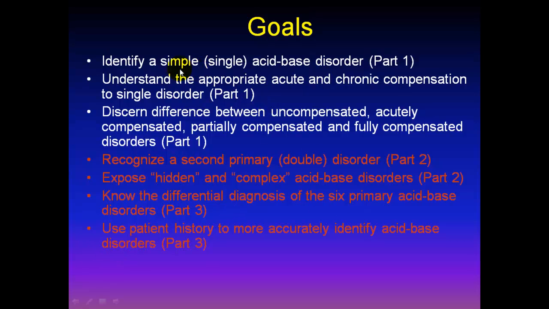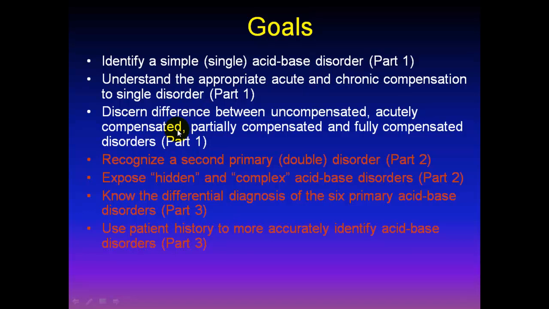I want to go over the goals of today's first discussion and then the subsequent other 2 talks I have posted on YouTube. Today's talk will show you how to identify simple single acid-base disorders, understand appropriate acute and chronic compensations to single disorders, and discern differences between uncompensated, acutely compensated, partially compensated, and fully compensated disorders.